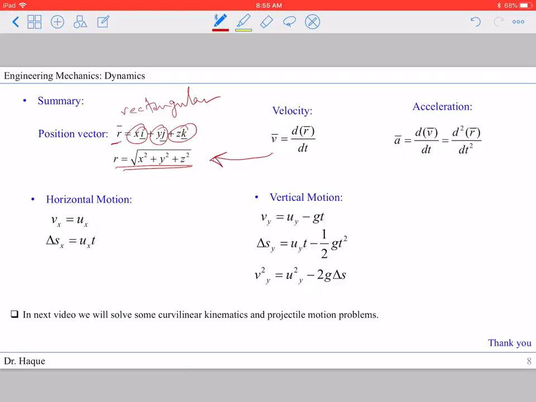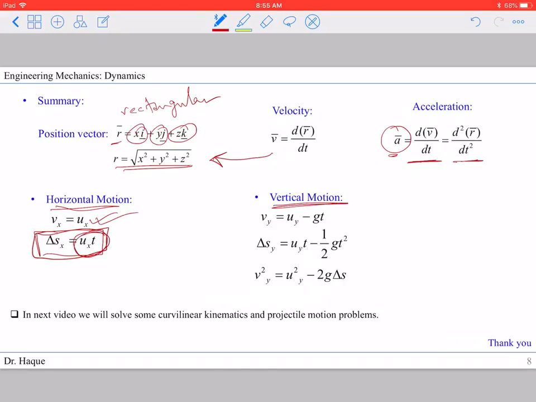If we take the derivative of the position vector, we get velocity, and if we take the derivative of velocity, or the double derivative of the position, we get the acceleration. For horizontal motion, the simplified form of the formula that we derived in lecture 1 is that the final velocity is always the same as the initial velocity, and the displacement in the x direction is simply the initial velocity multiplied by the time.